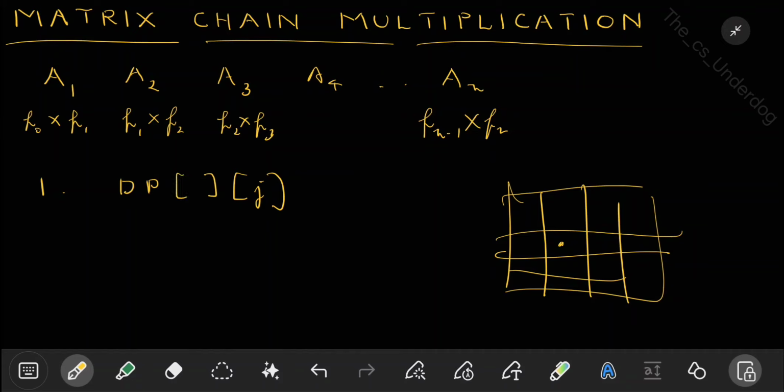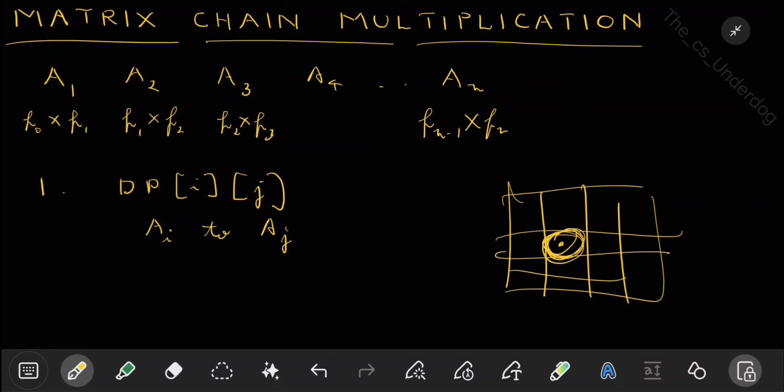Whenever you are defining a dynamic programming table, first thing you want to know is what is the significance of any particular block in this. What does the block represent? It represents the minimum number of scalar multiplications that are needed to compute the product of matrices from Ai to Aj. This is important. Why is it Ai to Aj?